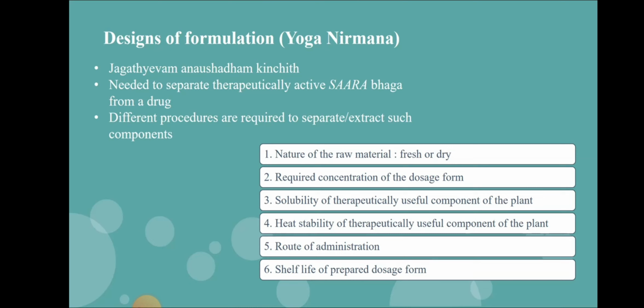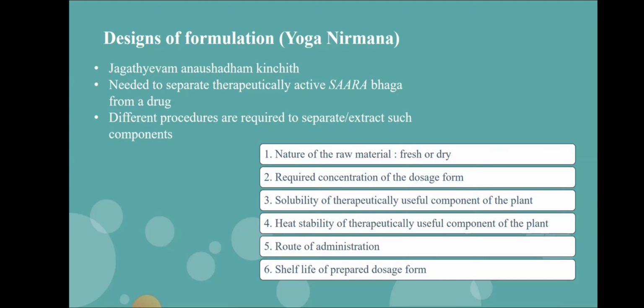Thus, in this way, we can understand that the type of pharmaceutical procedures and the type of formulations will depend on the following factors. First, the nature of the raw materials that you select. Second, the required concentration of the dosage form.